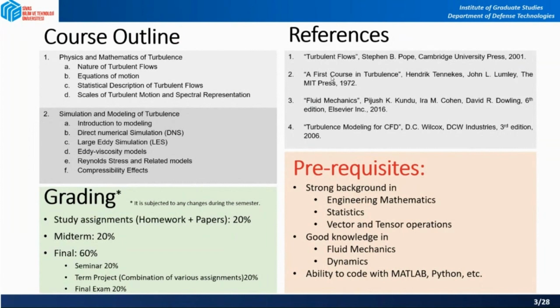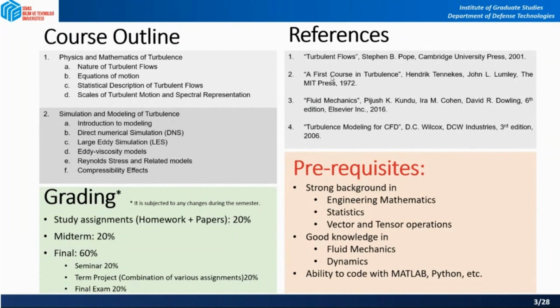And if you want to simulate and model turbulence, you have to develop a solid understanding of its fundamentals and basics. You need to know the nature of turbulent flows, the equations of motion, and the statistical description of turbulent flows, because you have to learn to deal with random systems, not deterministic systems.